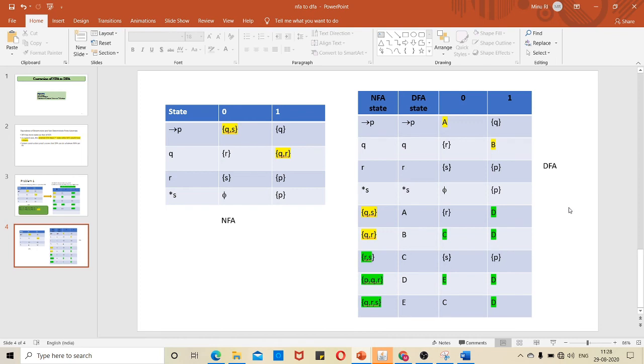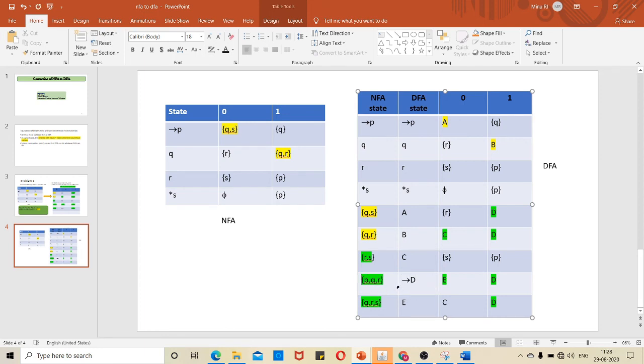Now we have another important task. Here P is the initial state, and S is the final state. In our new state, wherever the P comes, that will also become your new state. So this also will become my new state.